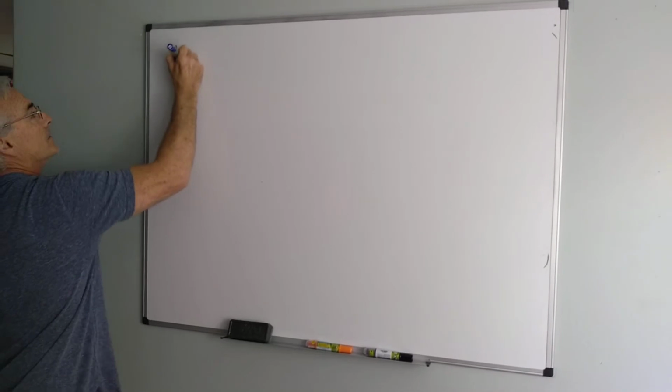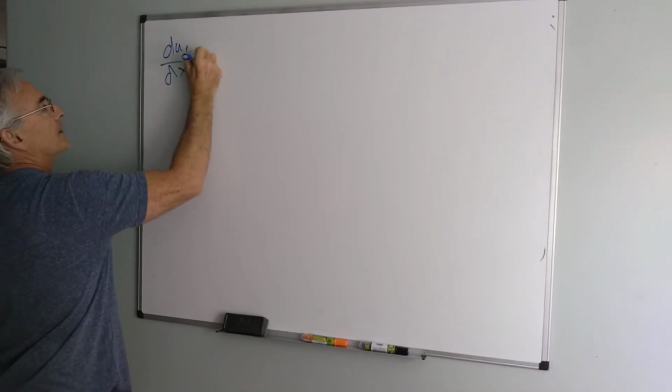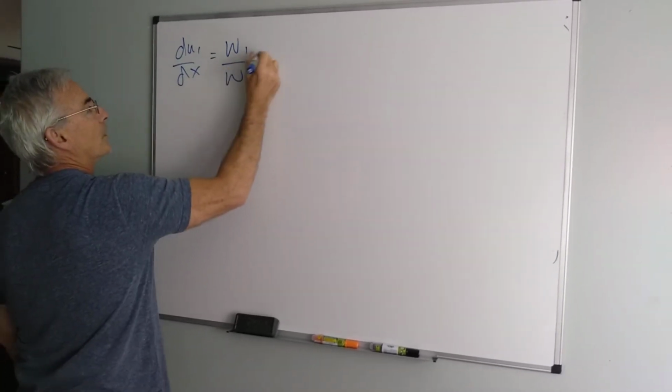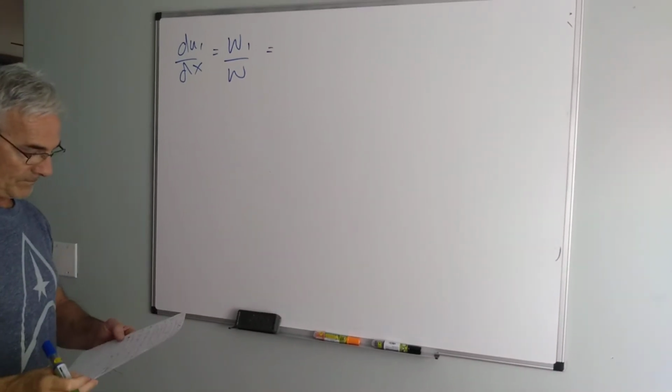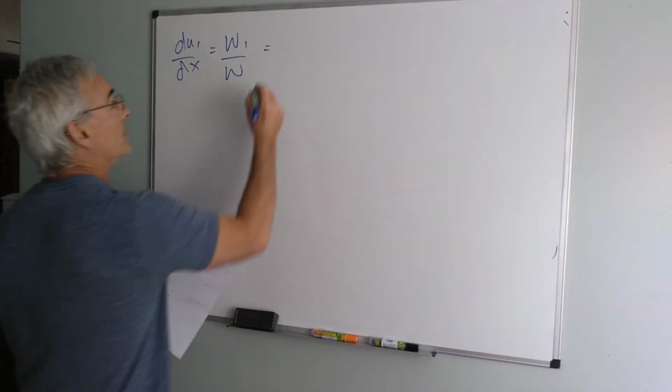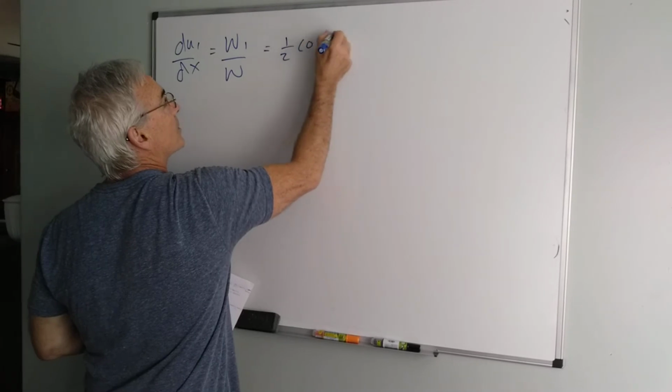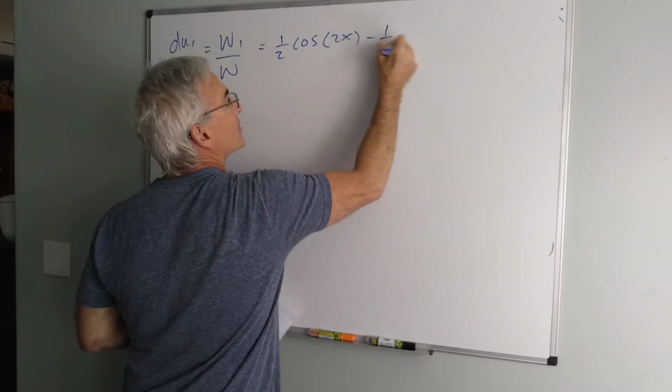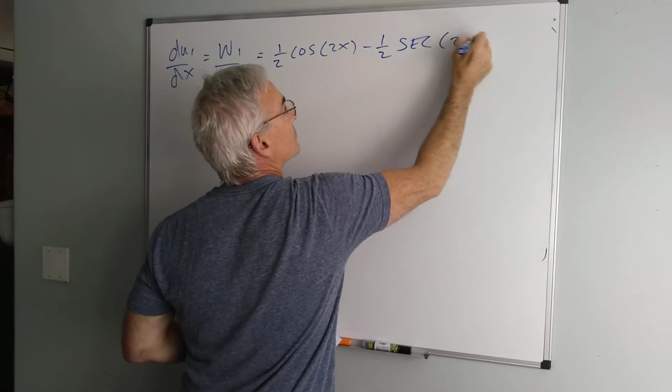We find that du1/dx, which is w1 over w, is simply 1/2 times the cos 2x minus 1/2 secant 2x.